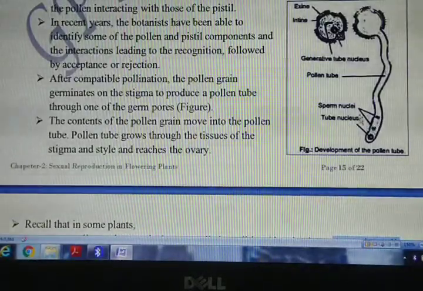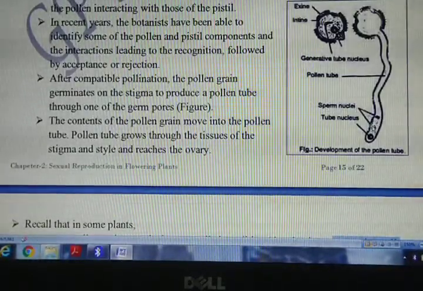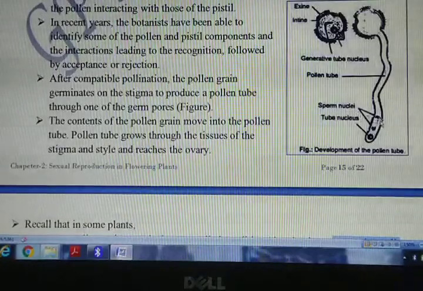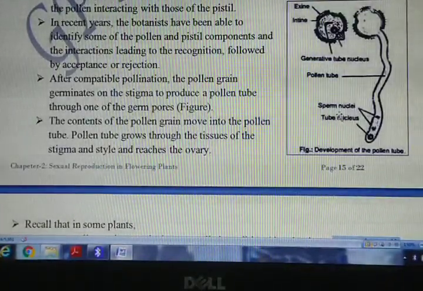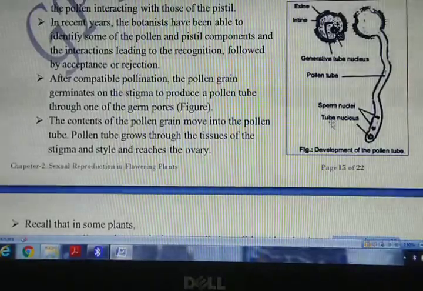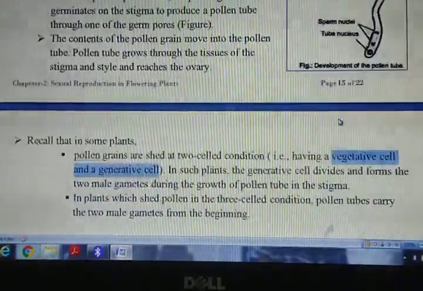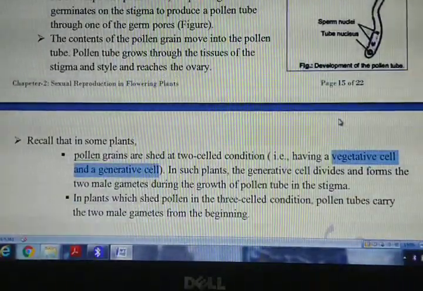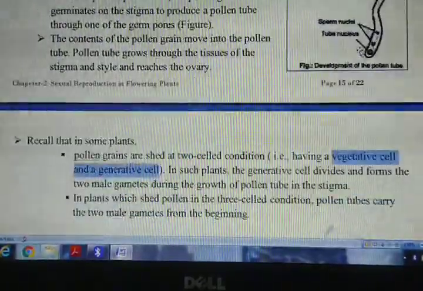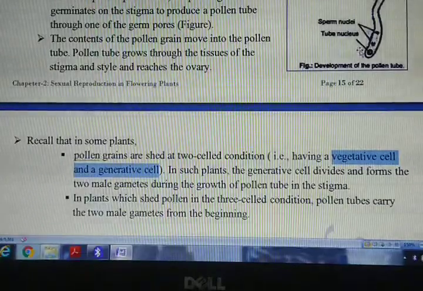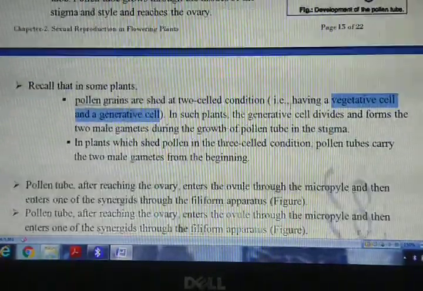As a result, two sperm nuclei, or two male gametes, are produced, and the tube cell, also called the vegetative cell, is going to disintegrate before the entry of the male gamete inside the ovule, and that entry will take place through the micropyle.